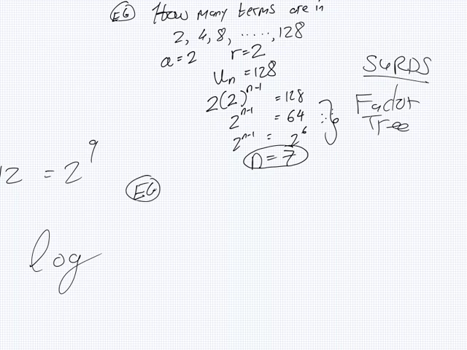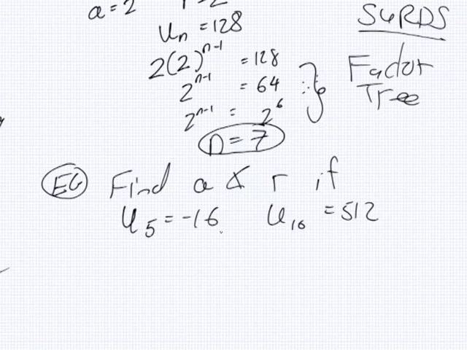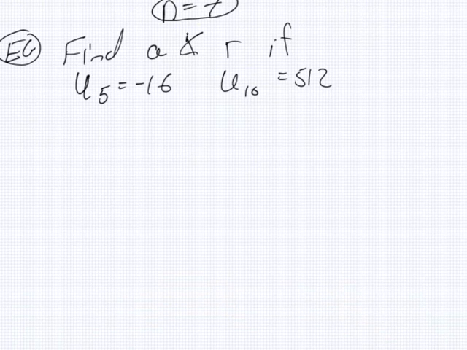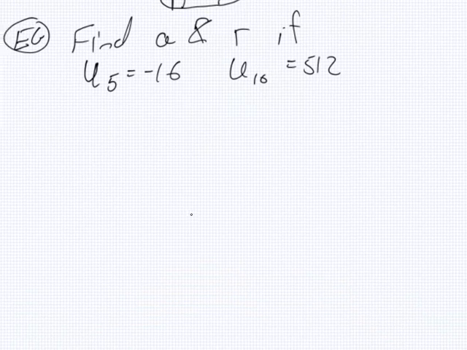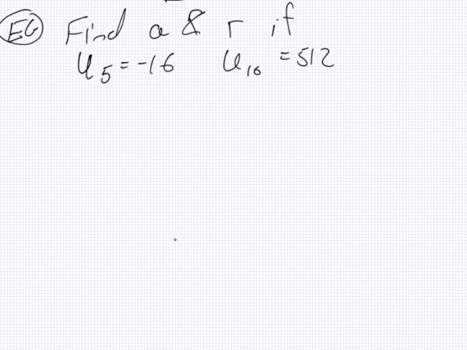Okay, the next example. I tell you that I want you to find a and r if the fifth term is minus 16 and the 10th term is 512. So, again, just like yesterday, you only need to be told 2 terms to find a and r here.